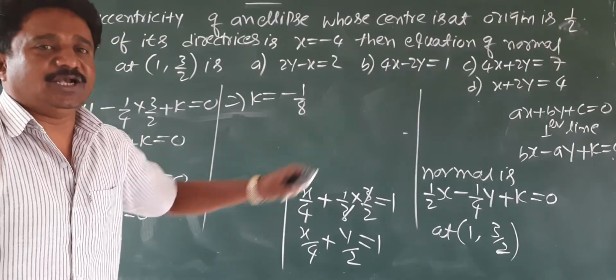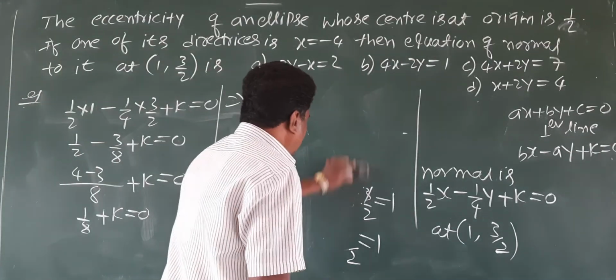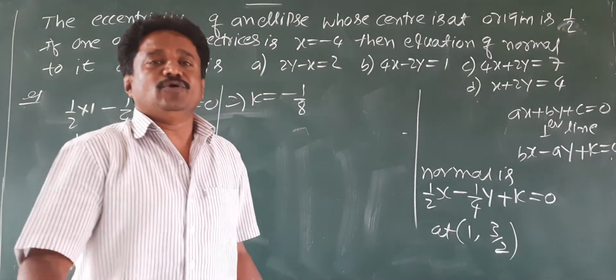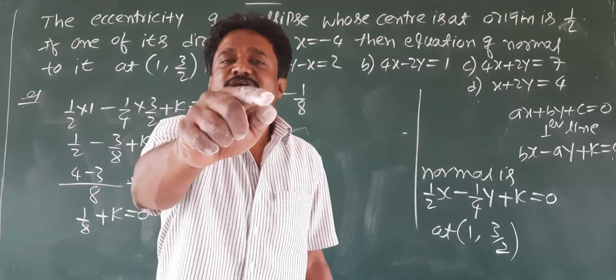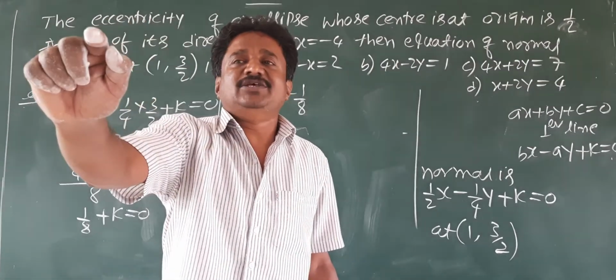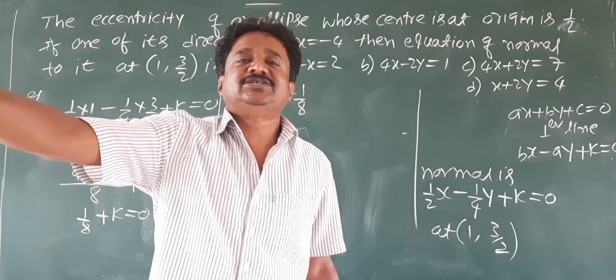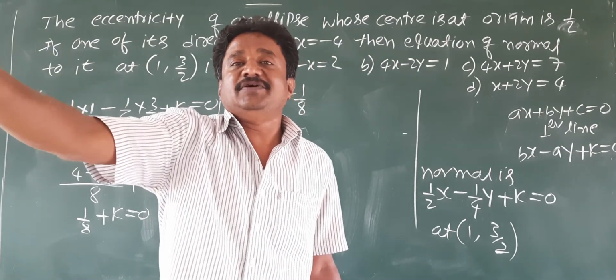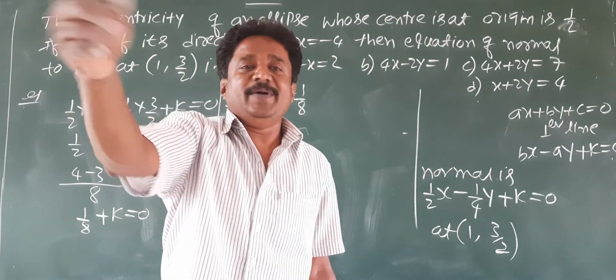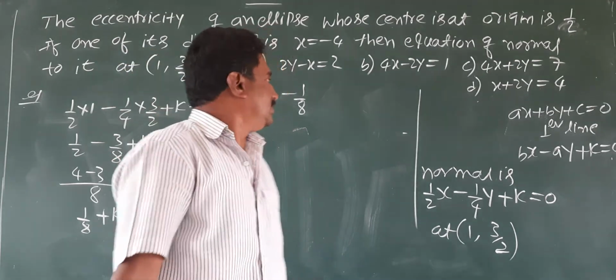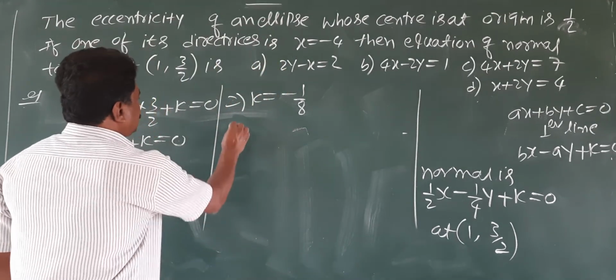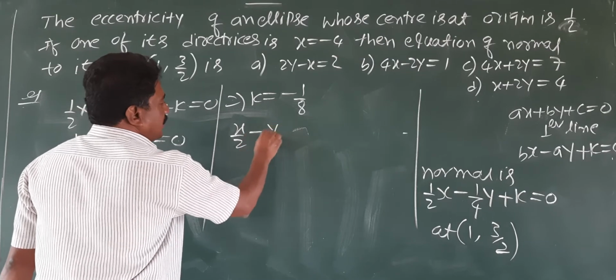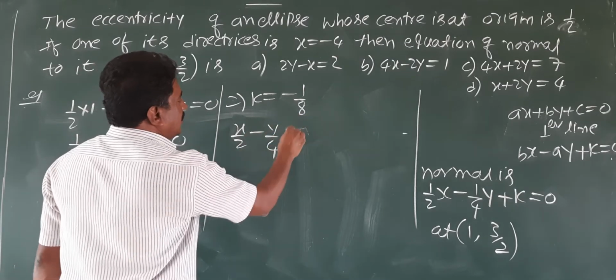Now you substitute in the normal's equation. Even you can go for using the standard equation: y minus y1 is equal to minus 1 by m into x minus x1. That standard equation can also be used. You can use it, try and see. So write x by 2 minus y by 4, k is minus 1 by 8.